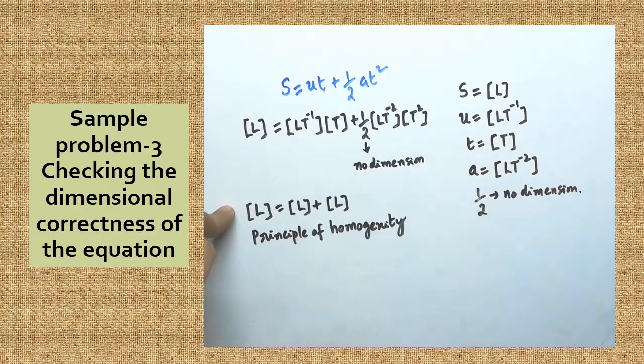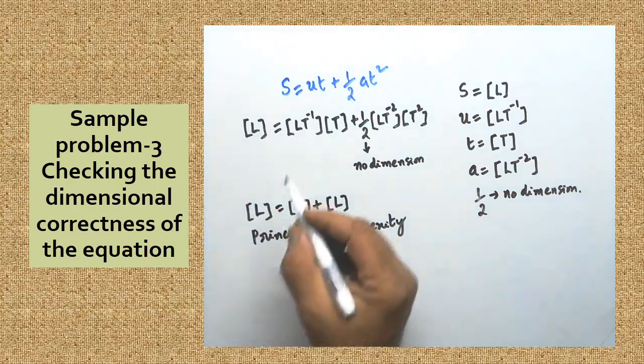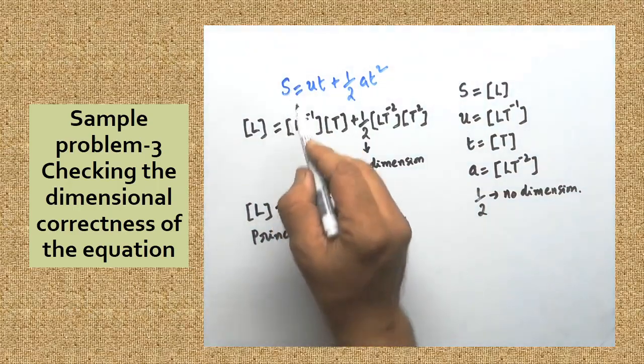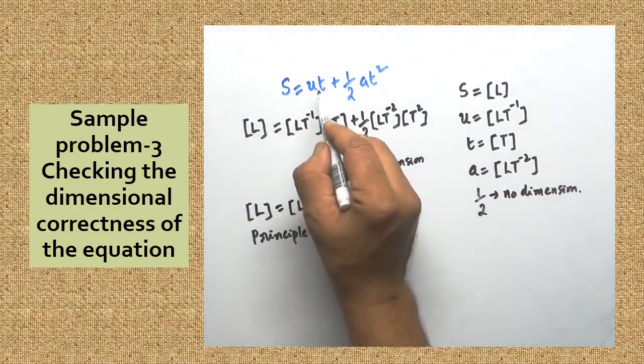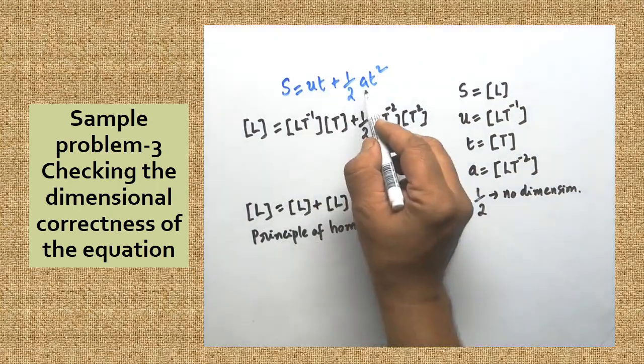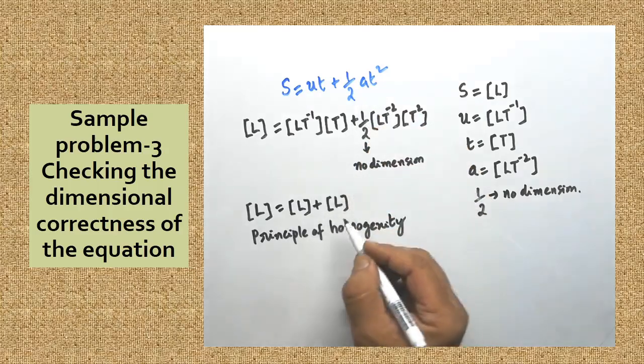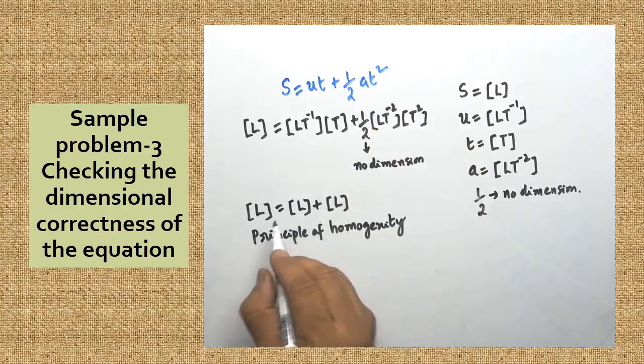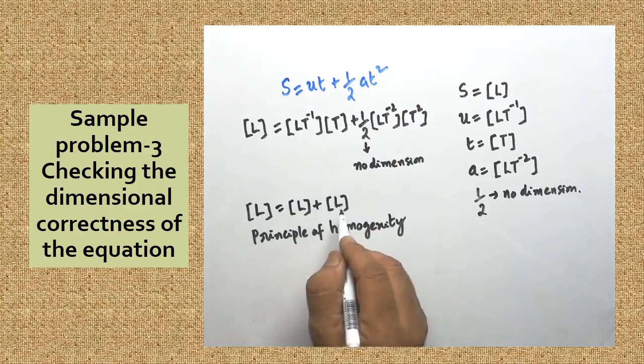So as per the principle of homogeneity, look at the dimension of S. The dimension of S is L. The dimension of ut is L. The dimension of half at squared is also L. Therefore, the LHS dimension and RHS dimensions are the same. Don't add both. Very important step.